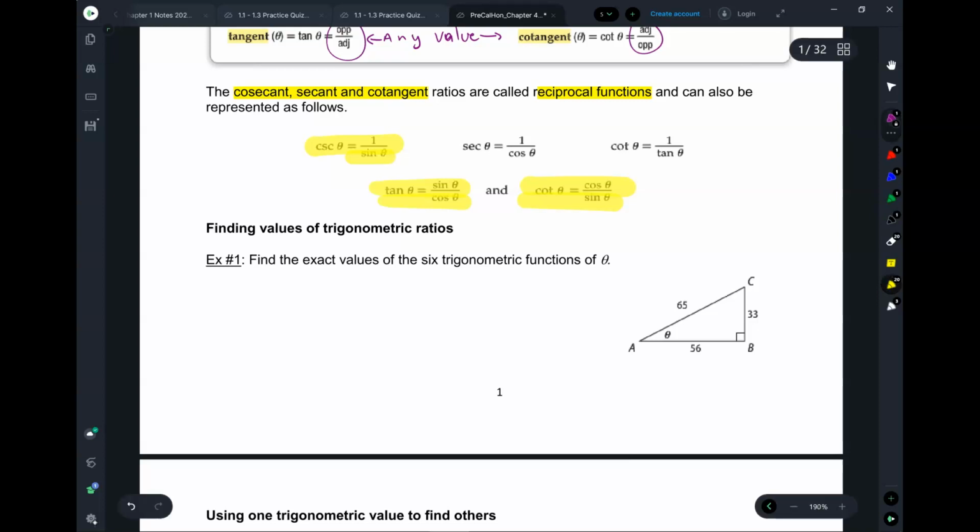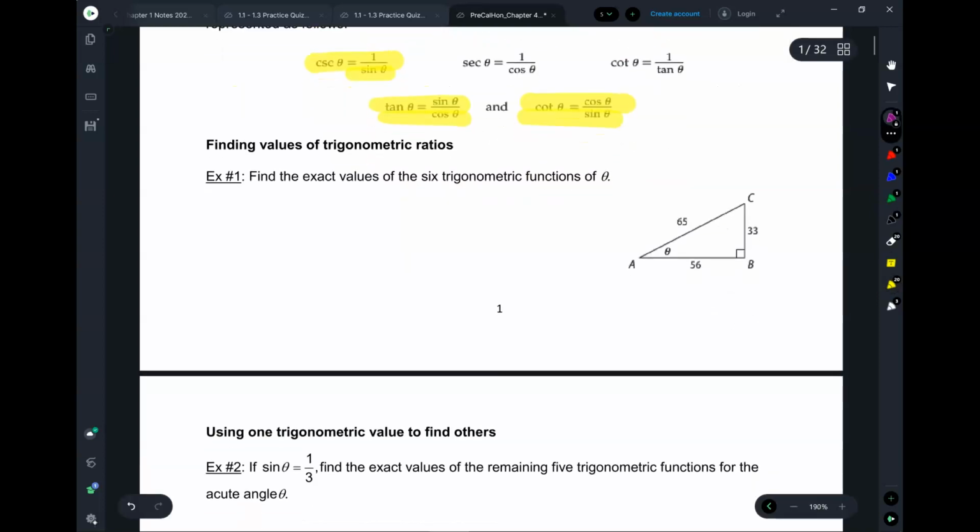Okay, so here, find the exact values of the 6 trig functions of theta. Exact values means what? Decimals or no decimals? No decimals. Okay. So all I need you to do is just say sine of theta. Which one is the opposite of theta? Here, 33. Adjacent.